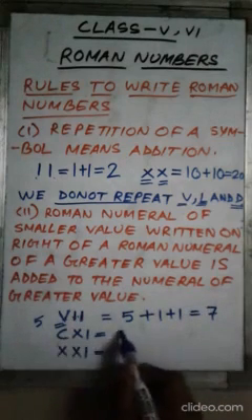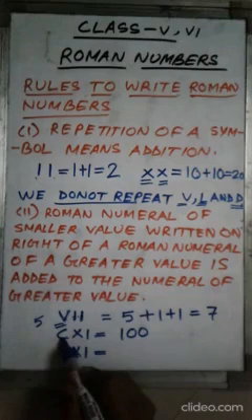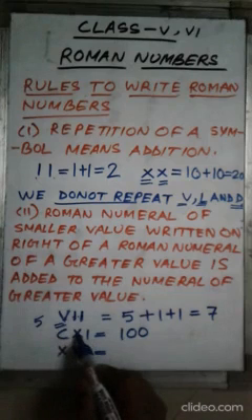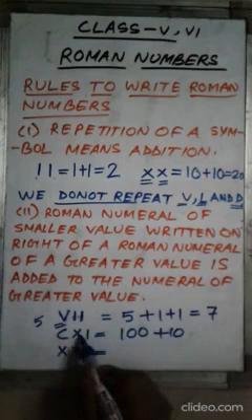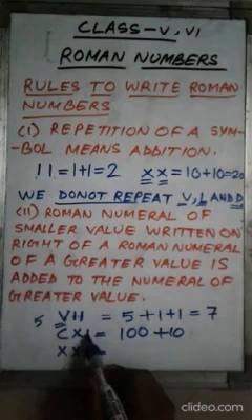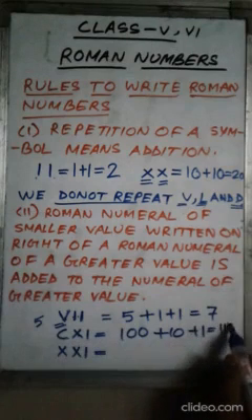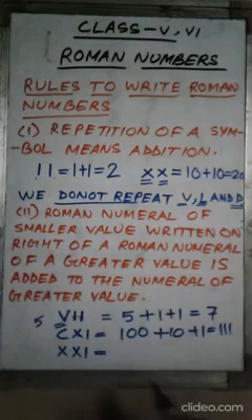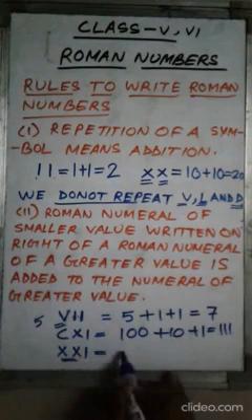For this, C is 100, which is greater than this, and this is 10, which is greater than this. So this is addition: 100 plus 10 plus 1. Here also you can see the repetition of the symbols.